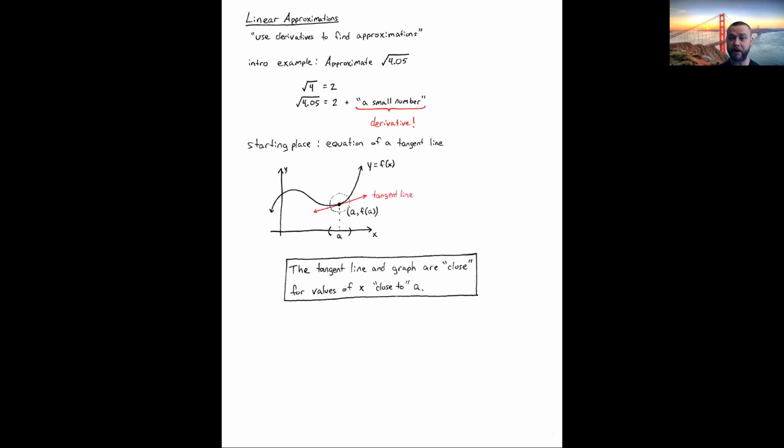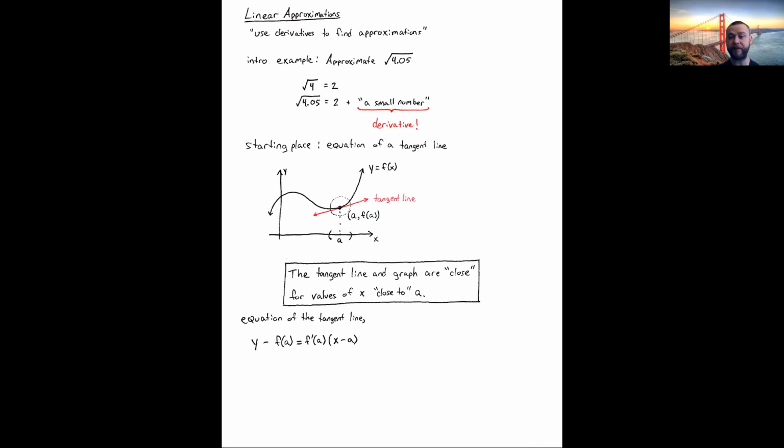And that is pretty much the main idea that we're going to encounter in a few different ways as we proceed. Notice within that circle, the black graph stays pretty close to the red tangent line. As soon as you go outside of that circle, as soon as your x values are not close to a, the graph of the function and the tangent line are significantly far apart.